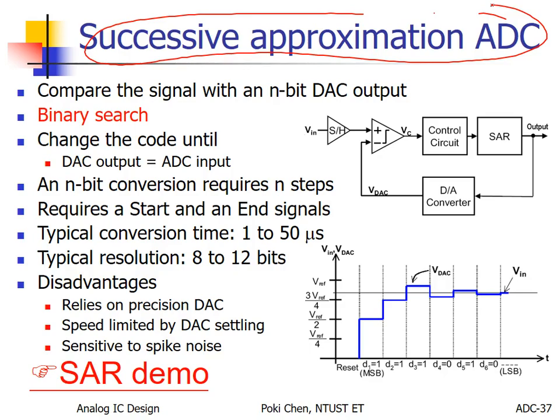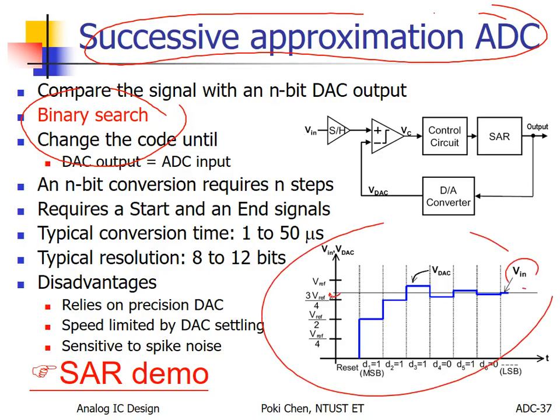In theory, we call it binary search. In the middle, up or down. Not enough, go to the top; too much, go to the bottom. Anyway, allow me to show you this. The concept here, for example, your input is here.